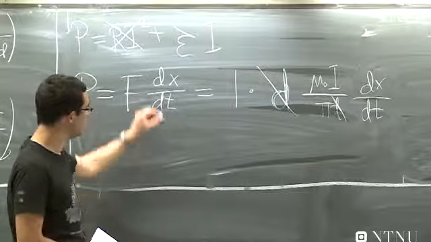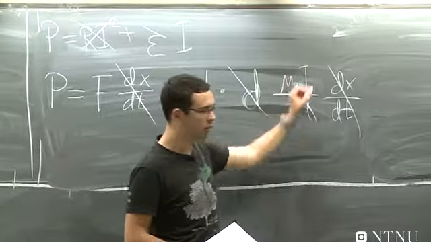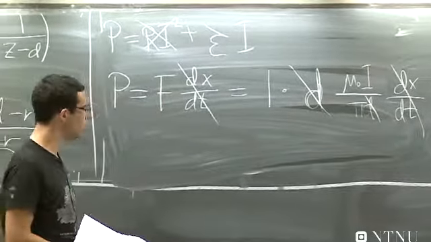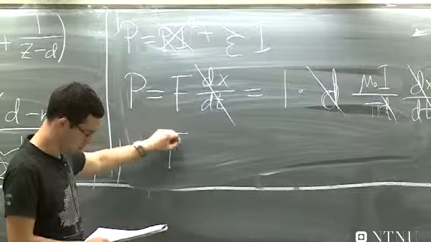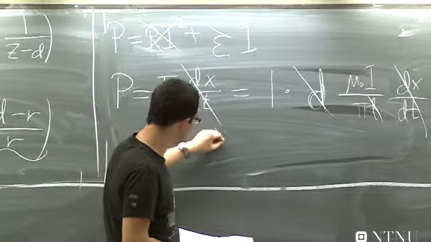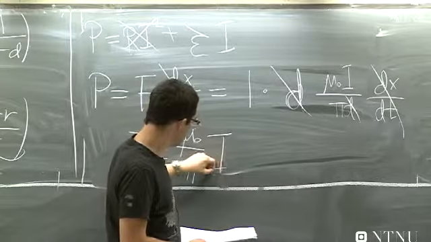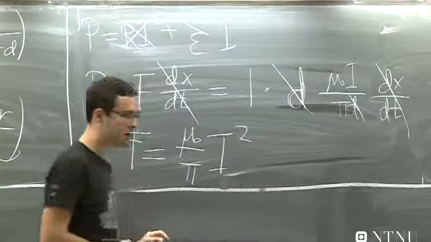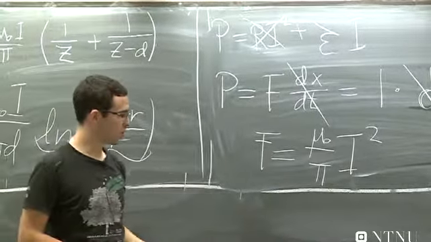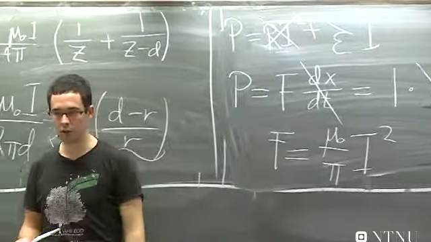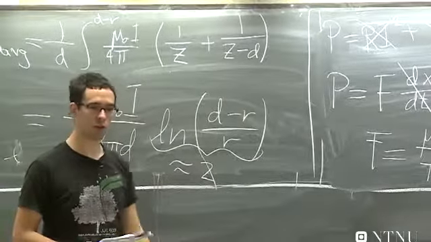I can take out this factor, because it's the same on both sides. And the force is what's left. It's mu naught over pi times the square of the current. So you can see this is really nice. If I double the current, I get 4 times the force.